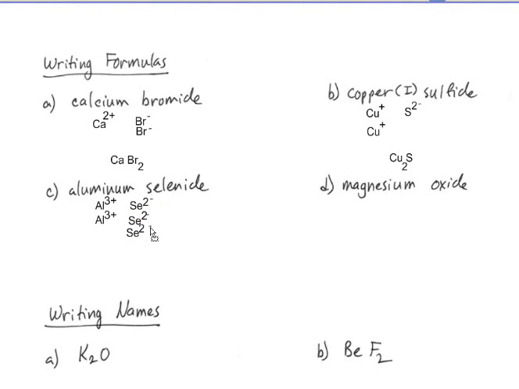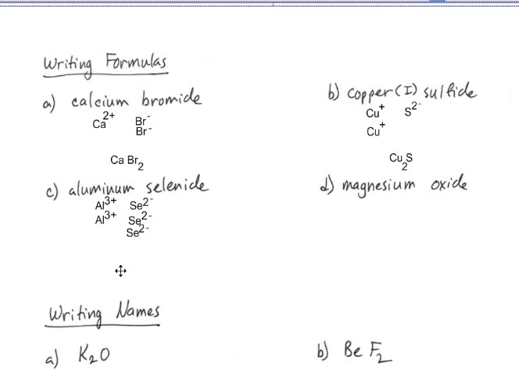So if we take a look here, 3 plus 3 is 6. 2 plus 2 plus 2 is 6. There we go. So that's basically how you do it. You just simply add one of each until you can kind of see how they would balance out.